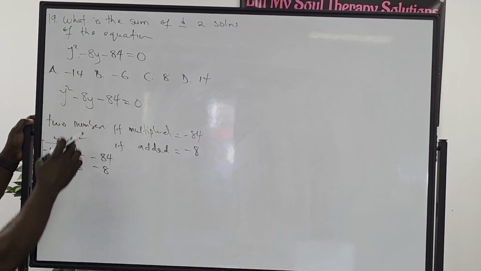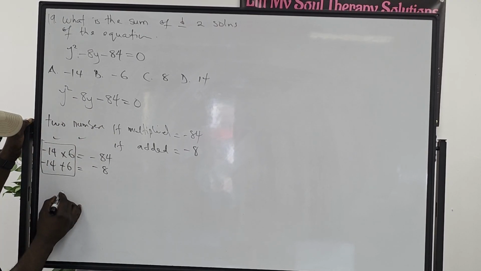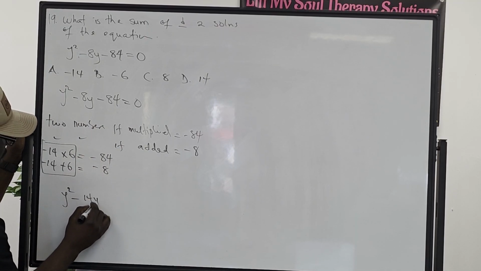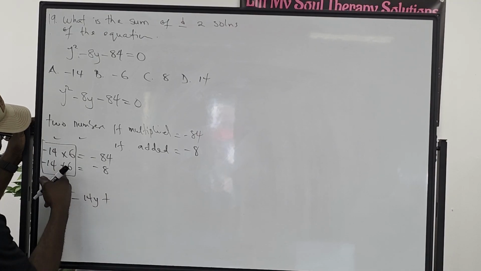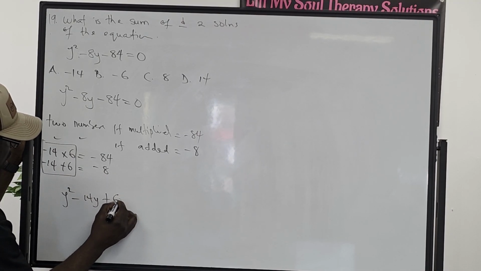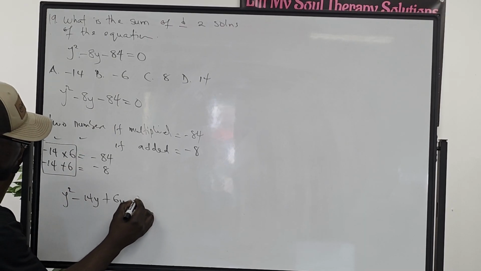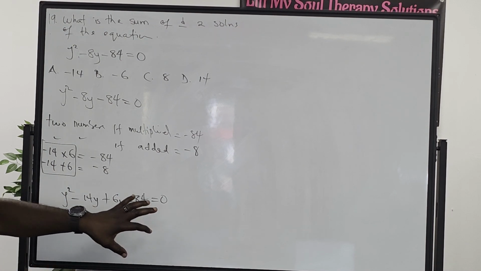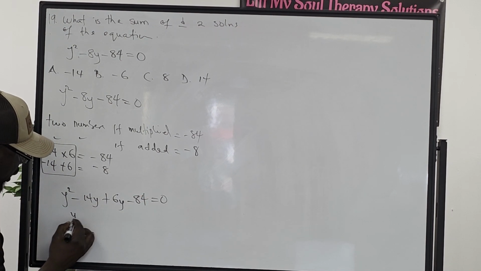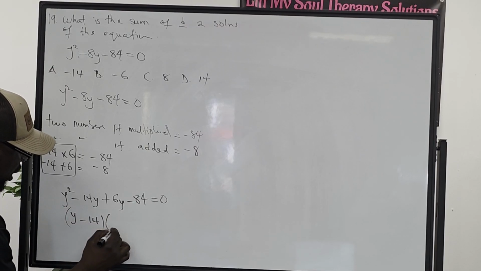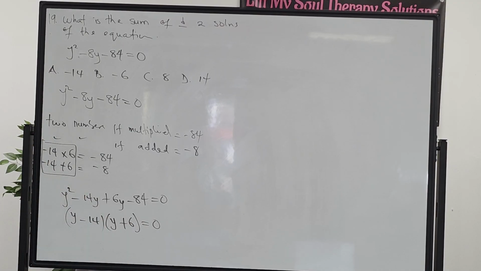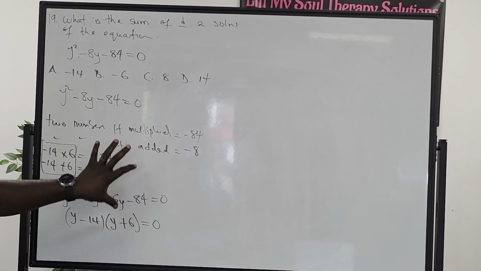So now we can write y squared minus 14y plus 6y minus 84 is equal to 0. That's how you do it. When you factorize this, you're going to have y minus 14, y plus 6 equal to 0. That's what you're going to get.